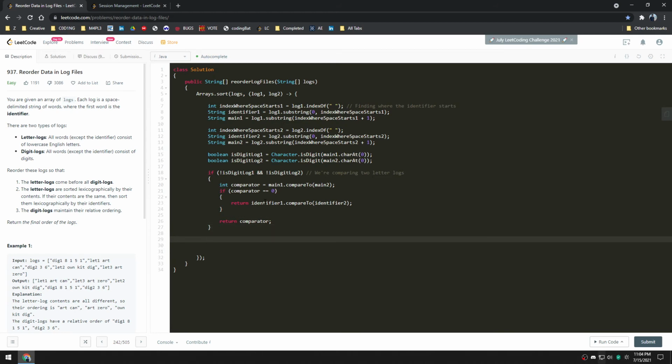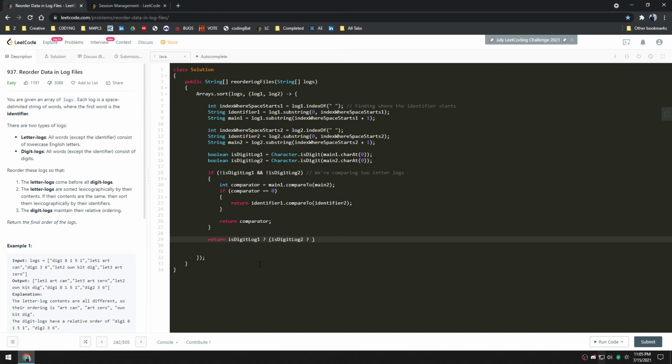Now, we need to deal with our digit logs. So we're done with our letter logs, and we want to do that first because that's what we're being told. So now let's take a look at our digit logs. We can just do a one-line ternary statement where we say return is digit log 1. So is the first log a digit? And then inside of that, is the second one a digit?